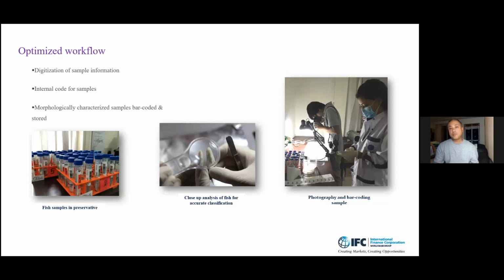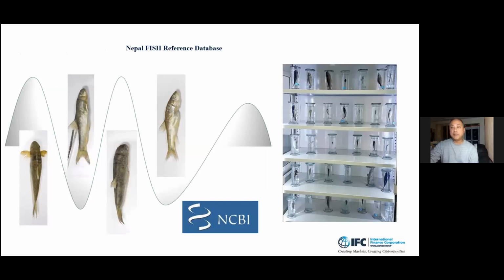On the voucher specimens, we bring them to our lab. We're not fish experts, right? So we work with a lot of fish taxonomists and fish experts in order to identify the species. We meticulously take representative voucher specimens and keep them in our reference voucher cabinet.